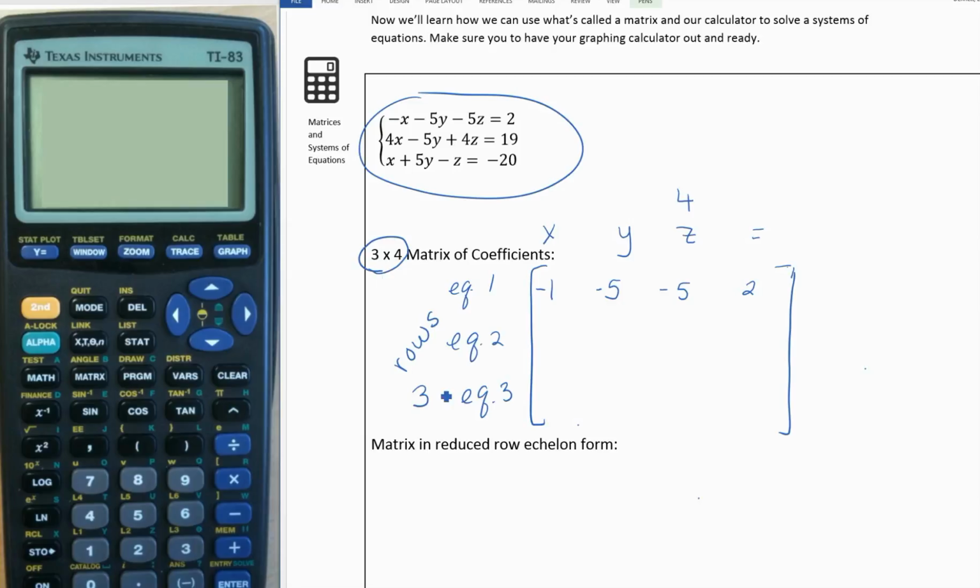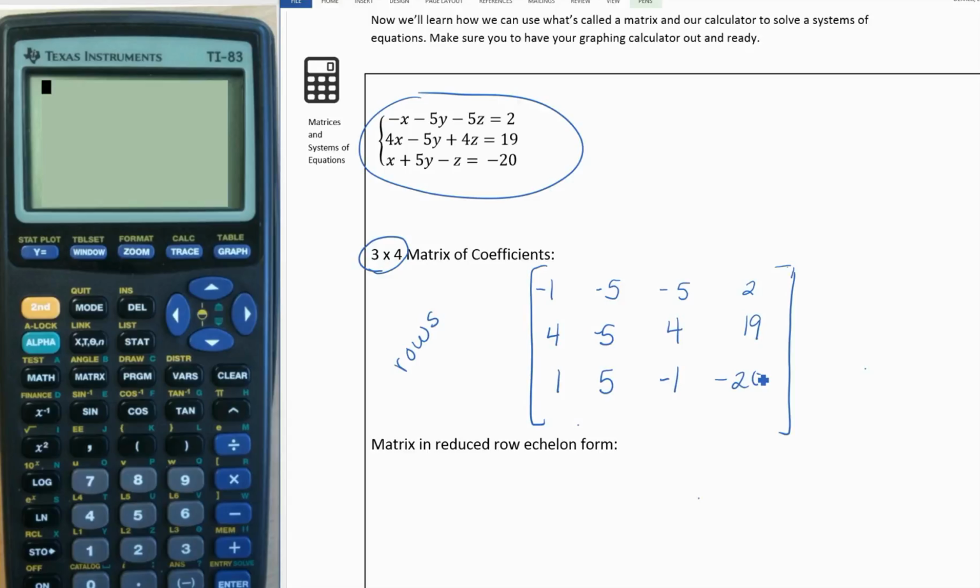Okay, the second equation here, we have 4x minus 5y plus 3z equals 19. The third equation, we have 1x, 5y, negative 1z, equals negative 20. And if, say, you didn't have a z in one of the equations, you'd want to put a 0 where the z would have been.